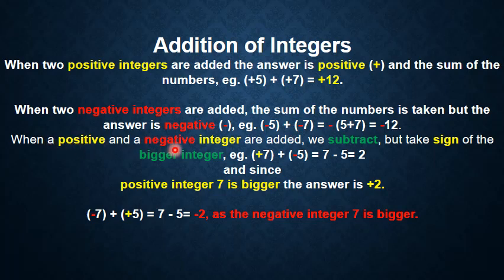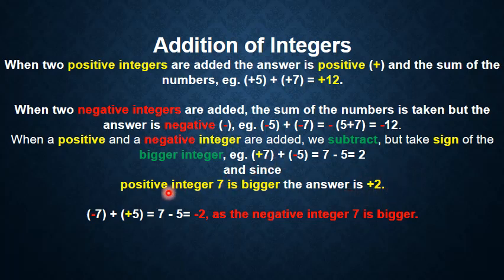When a positive and a negative integer are added, we subtract, but take the sign of the bigger integer. In this example, when plus 7 is added to minus 5, we subtract, that is alright, but the sign taken is of the bigger integer.